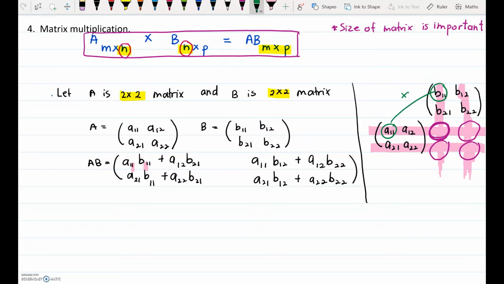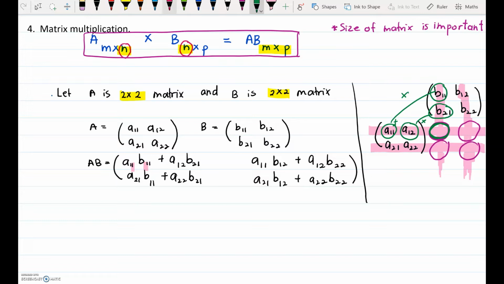And then plus A12 times B21. So this one you will multiply, and you will get the first entry. So this is how you can use the formula. This one is in general. Now let's see an example.